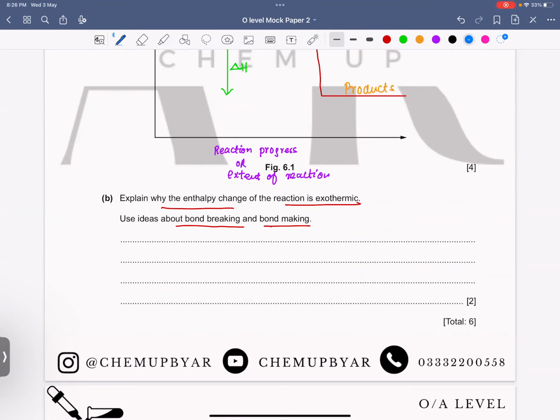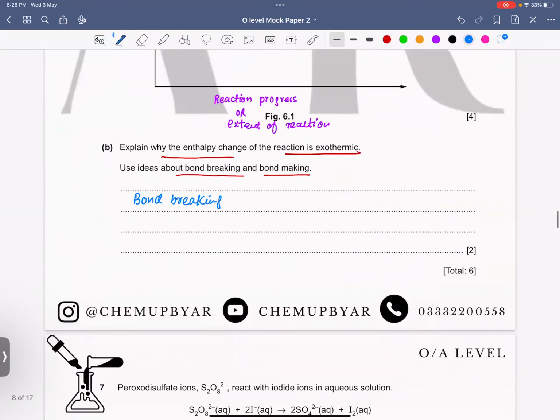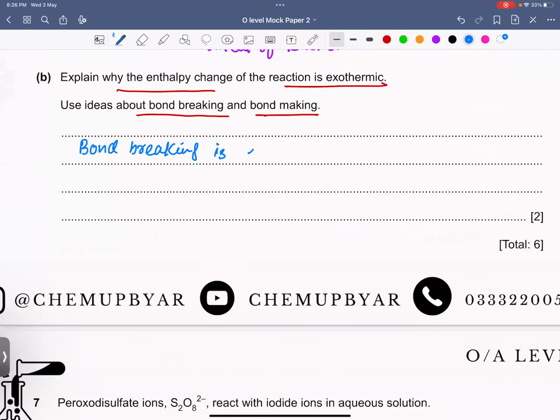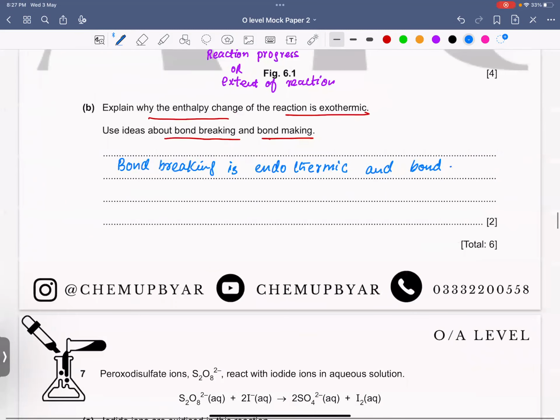What we would do, we would state that bond breaking is endothermic and bond making or forming is exothermic.